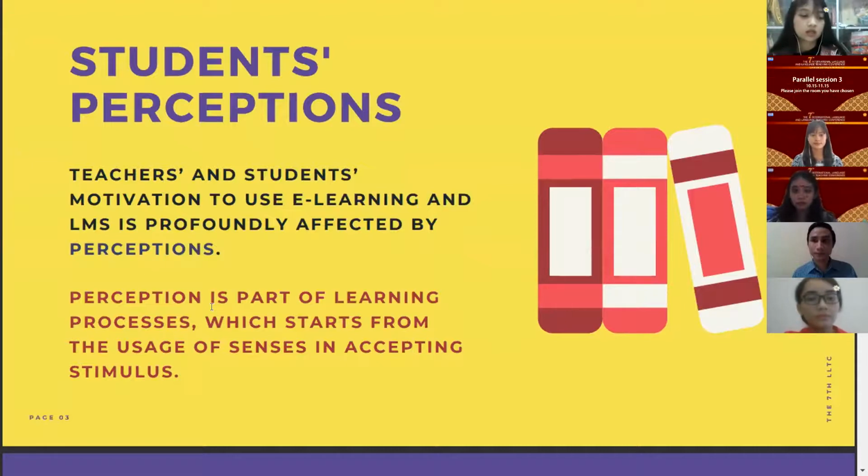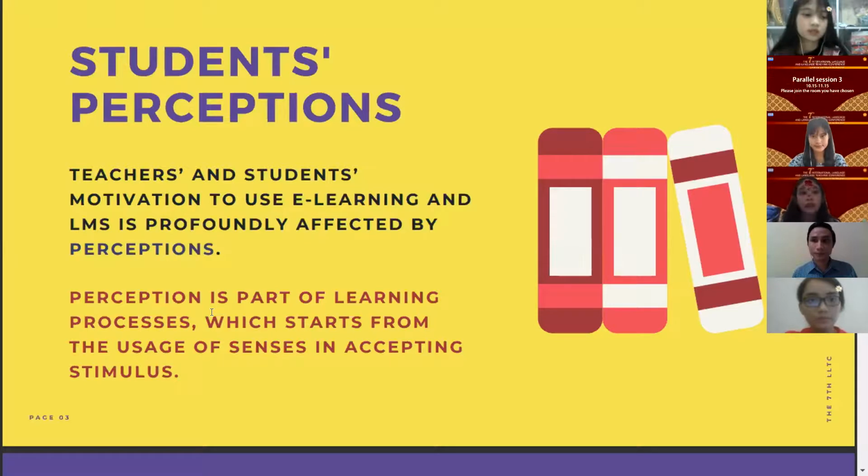It is also used to complement the conventional or face-to-face learning, but not to substitute it in the beginning. But in an attempt to decrease the spread of the coronavirus, in the English Conversation 2 class, we have the e-learning method, and in this e-learning, both the teachers' and students' motivation to use it is affected by their perceptions.